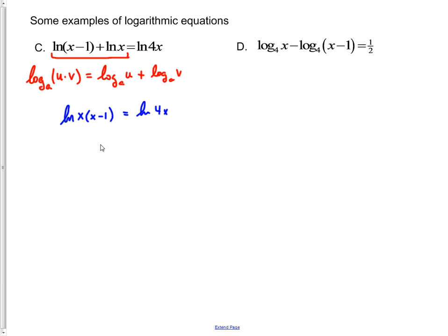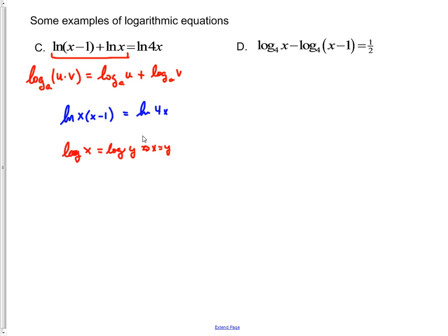Now, this is a very handy thing to know because now we can go to our one-to-one logarithm property. If you recall that property, it said that if we have the logarithm of x equals the logarithm of y, then it implies that x equals y is the only solution.